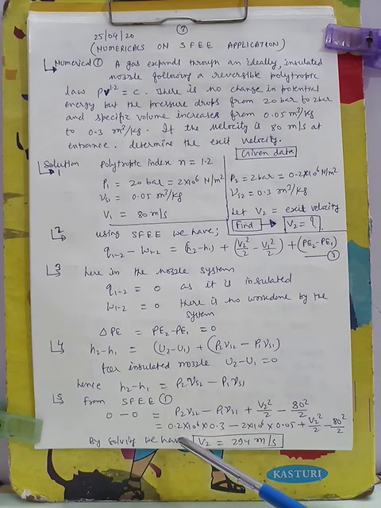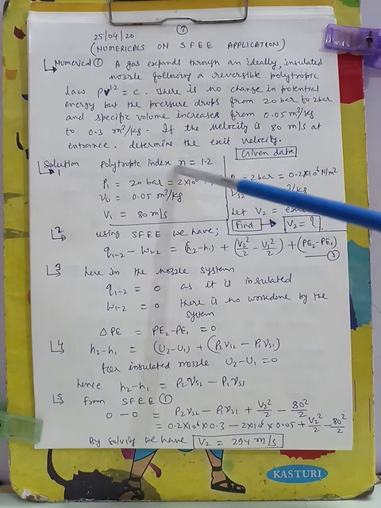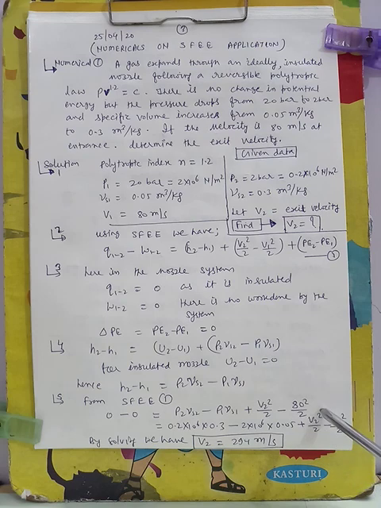So P2 is given 0.2 into 10 to the power 6 into Vs2 is given 0.3 meter cube per kg, minus P1 is given 2 into 10 to the power 6 Newton per meter square into Vs1 is 0.05 meter cube per kg, plus V2 square by 2 minus 80 square by 2.